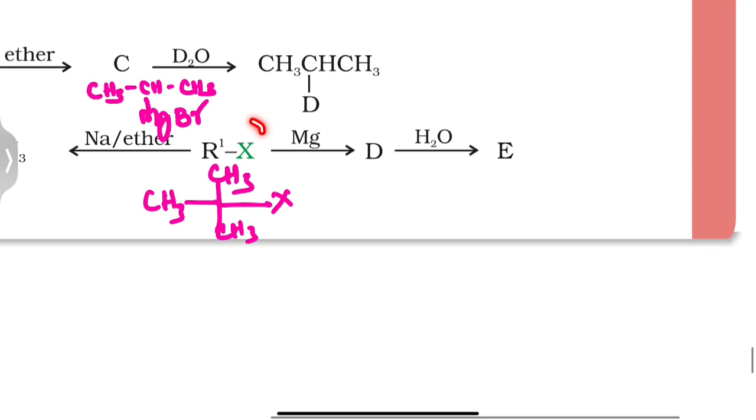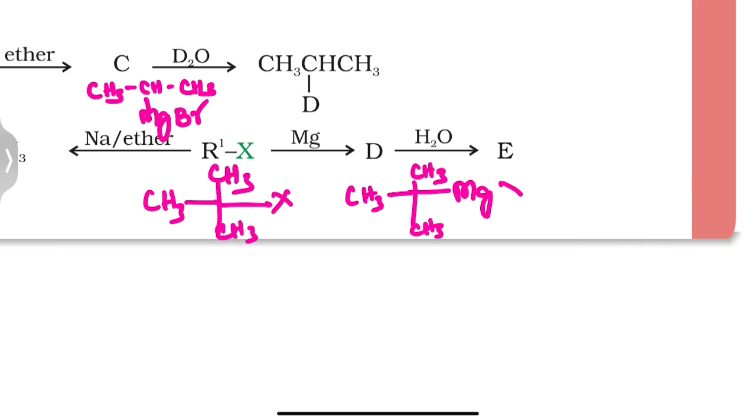And on this side, when you are treating with magnesium, this is a Grignard reagent. What will happen? Between this carbon and magnesium a bond will be formed. So it will be CH3MgX.